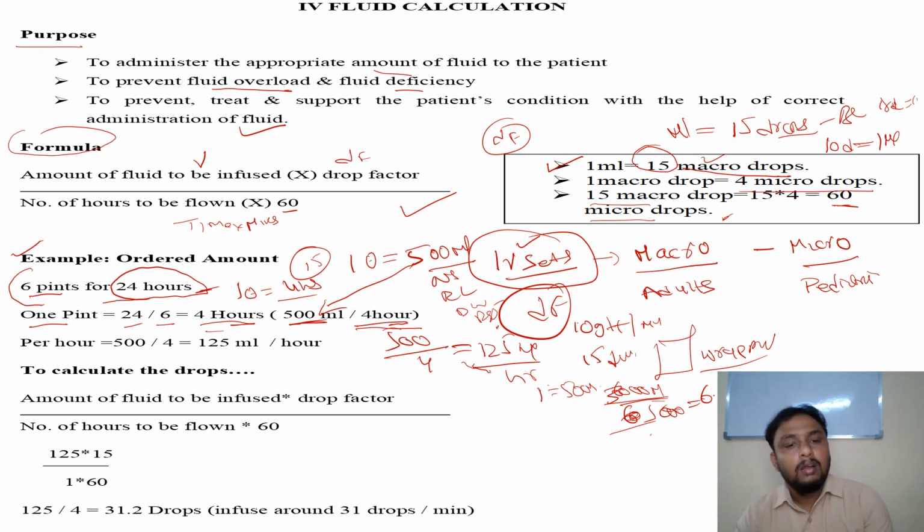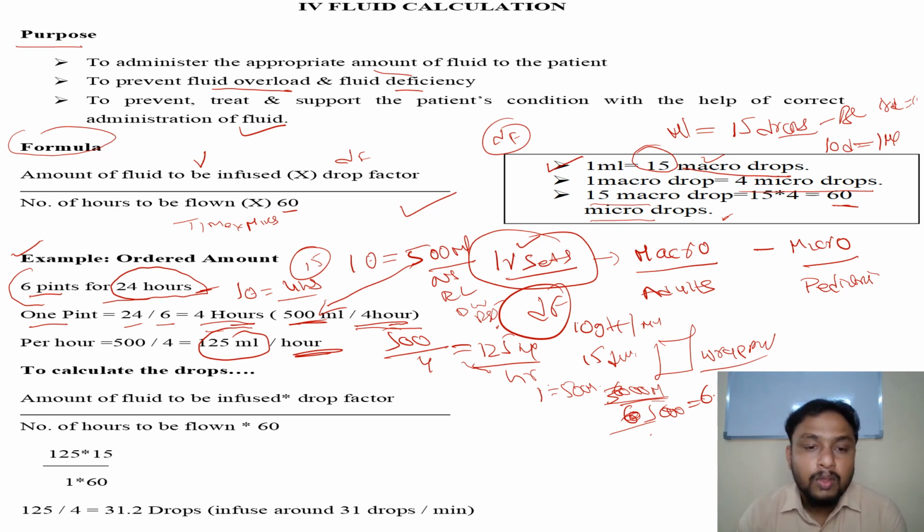And to calculate the drop factor, per hour how much is to be infused, you know already. Now you have the answer, per hour 125 ml. Then for infusing 125 ml per hour, how many drops per minute do you have to set?